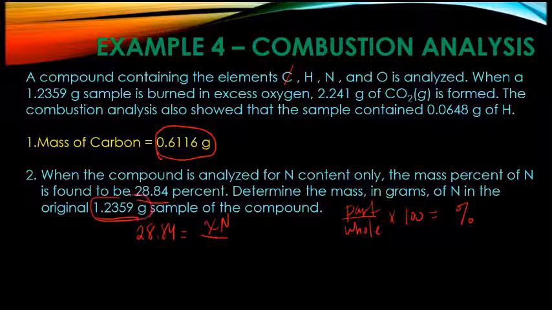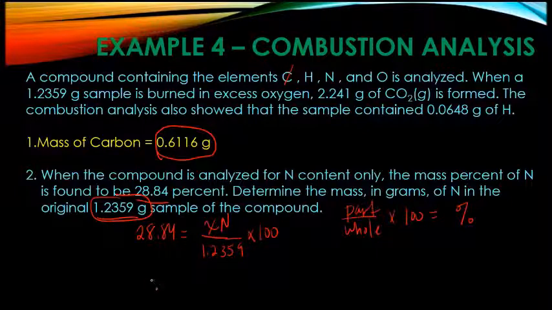How many grams were in that sample? 1.2359, and then times the 100. You don't really have to set it up this way. Most people automatically know to change their percent to a decimal and then multiply it by the total, the whole, in order to get the part.